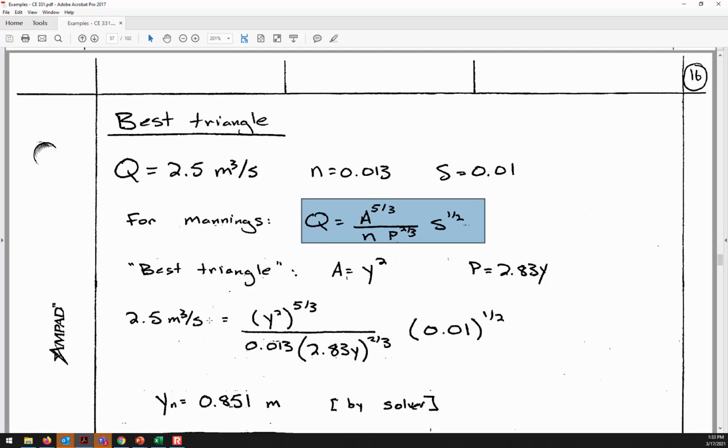And so the flow depth here for the best triangle would be 0.851, because if we put it into a solver, and the y exists both in the numerator and the denominator because the area is a function of the flow depth and the wetted perimeter is a function of the flow depth, so we get 0.851 meters once we go through the solver there.